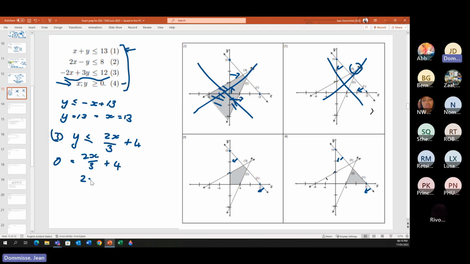So 2x over 3 will be equal to minus 4. Minus 4 times 3 will be minus 12. Minus 12 divided by 2 will then be equal to minus 6. So my x must be minus 6.